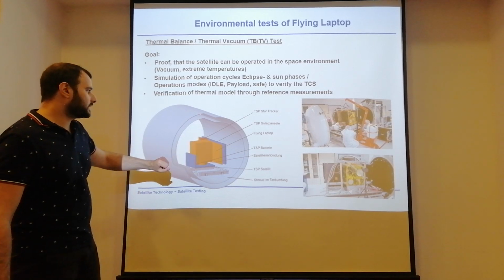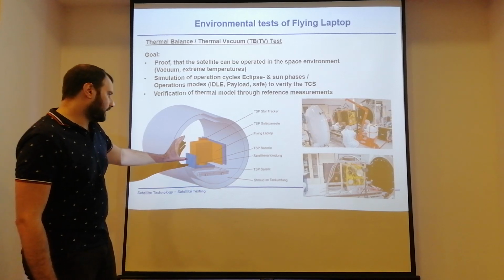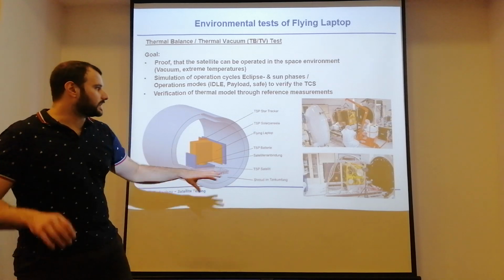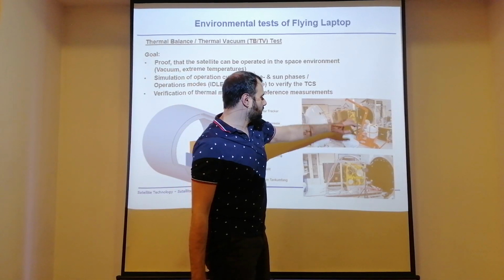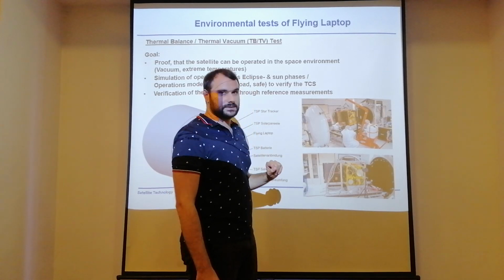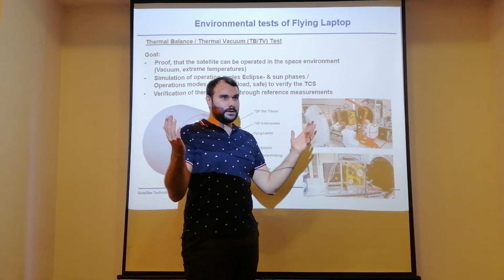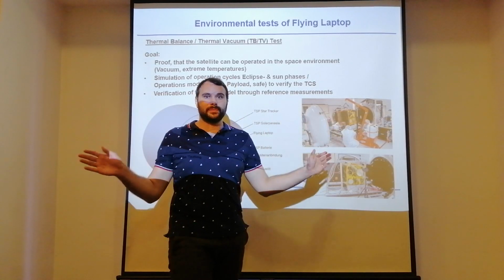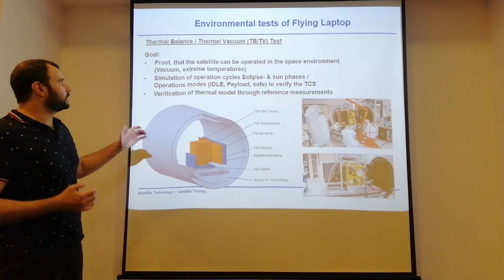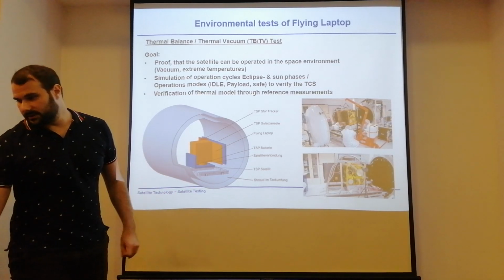Same goes for the star trackers, and everything is in a shroud within the test facilities. You can see the Flying Laptop was lifted into this thermal vacuum chamber and this simulator. 2 tests were performed, one with undeployed and one with deployed solar panels, because those are the different conditions you had to test for. And then you would go through the thermal balance and the thermal vacuum test here.